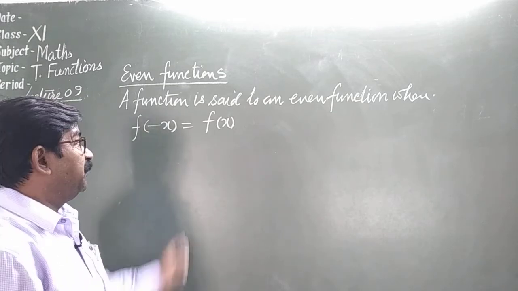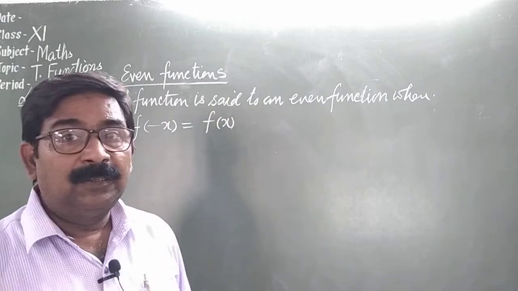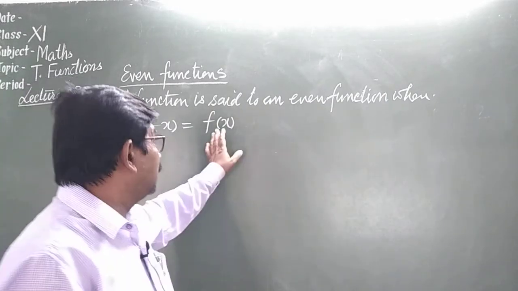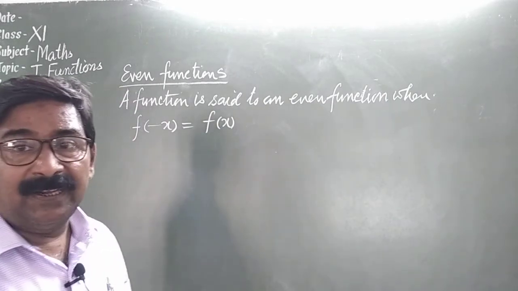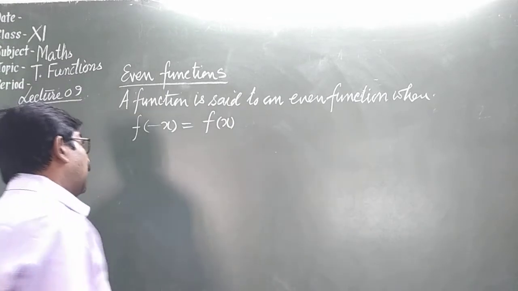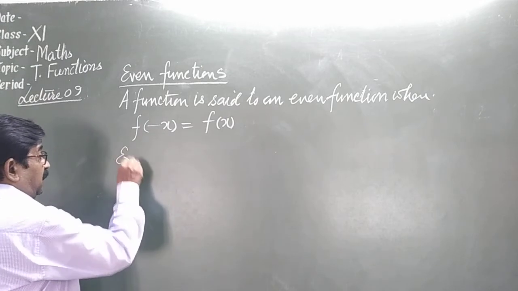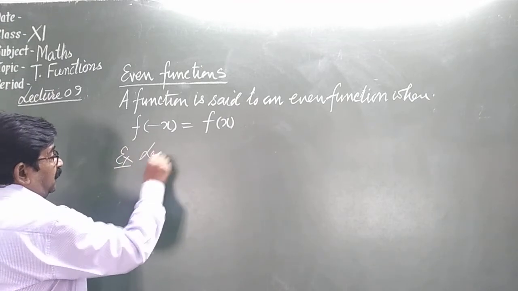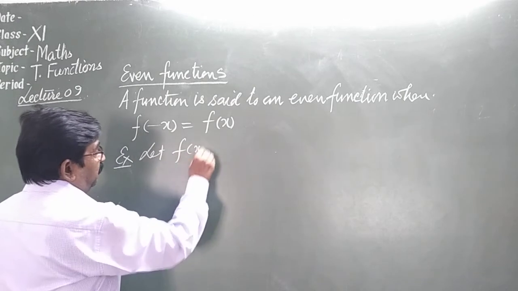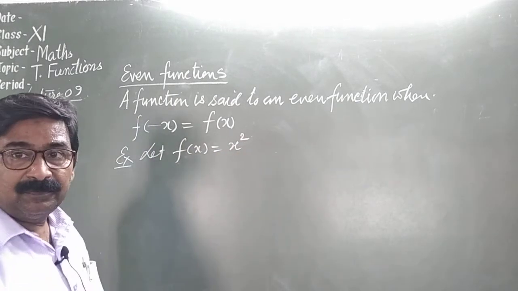It means if you put the value of x negative and the value of y comes positive, that kind of function is called an even function. Like, I am giving the example. Let f(x) is equal to x square is a function.